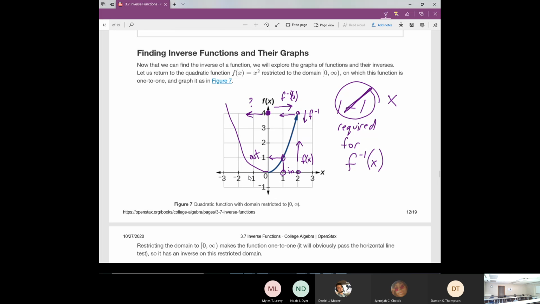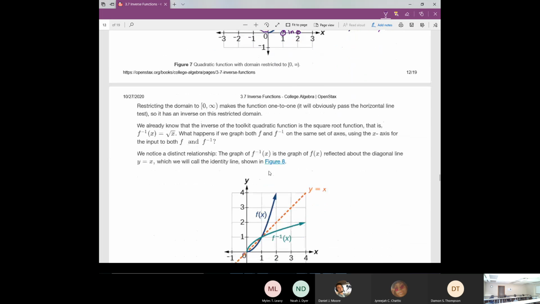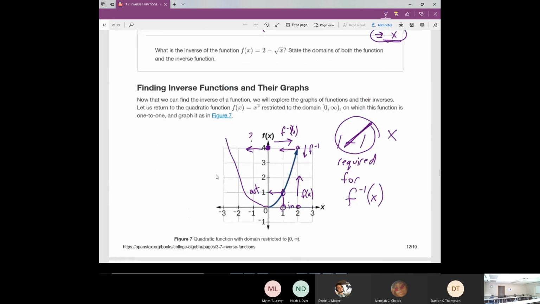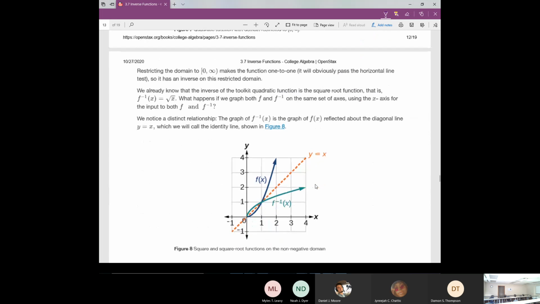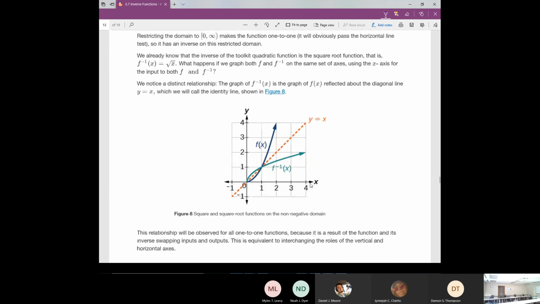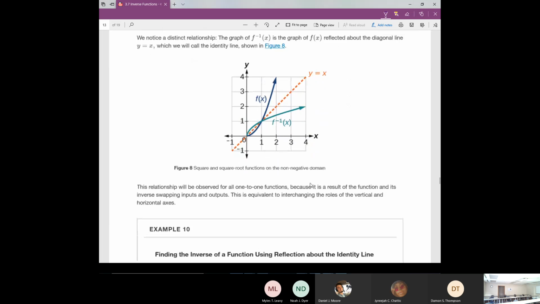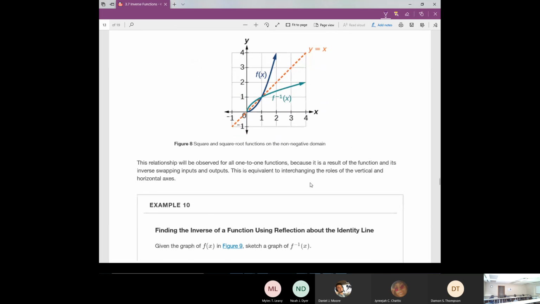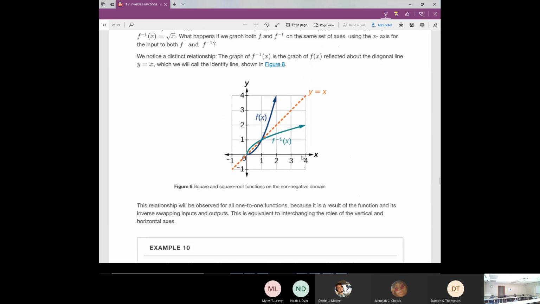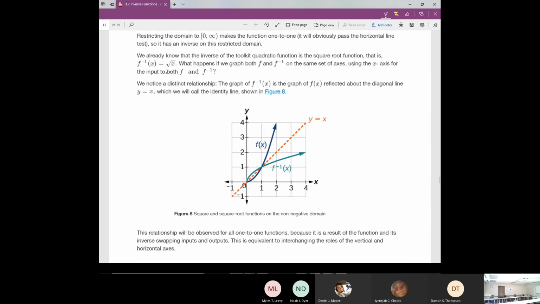And we can see that on the graph with that simple horizontal line test. If I do a horizontal line through my function, if I get one crossing, then I know I have a 1 to 1 function.